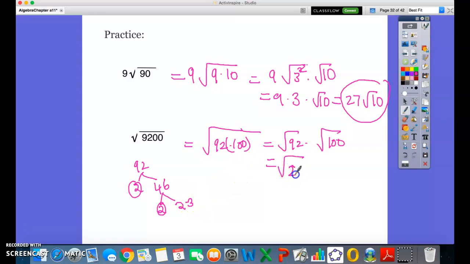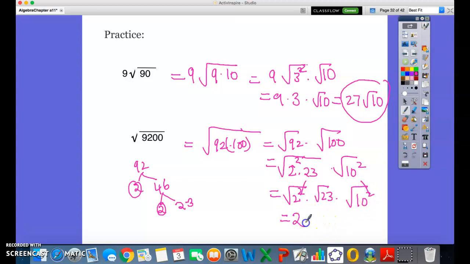So this will be 2 squared times 23 times square root of 10 squared, right? And I can simplify this again as square root of 2 squared times square root of 23 times square root of 10 squared. These two cancel out, so all I have is 2.